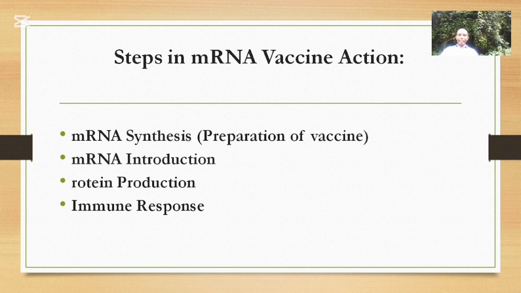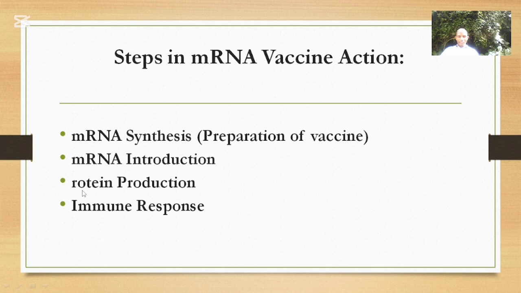that body. So here are the steps of preparing a messenger RNA vaccine. First of all, the first step is messenger RNA synthesis, or vaccine preparation itself. There is a diagram that is going to show us how it is prepared. Then the second step is the introduction of messenger RNA. It means vaccination itself.